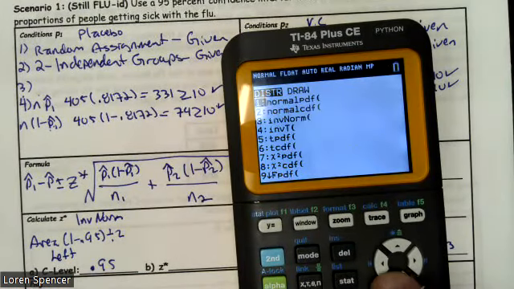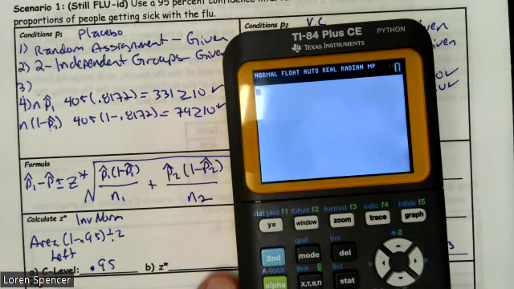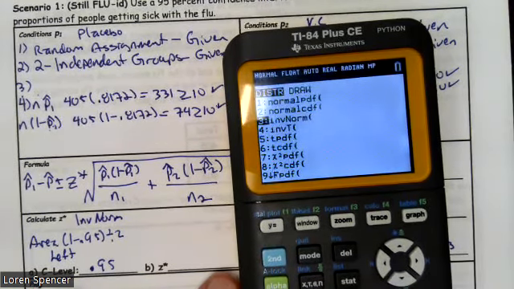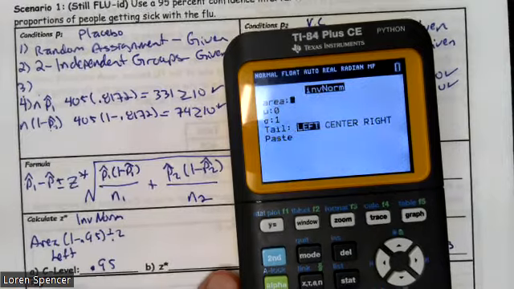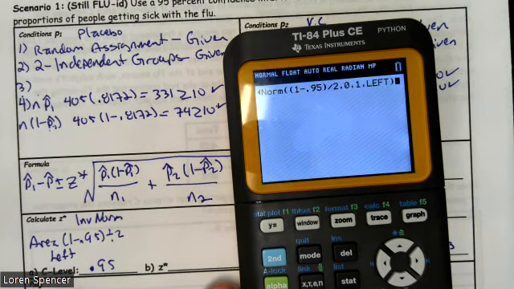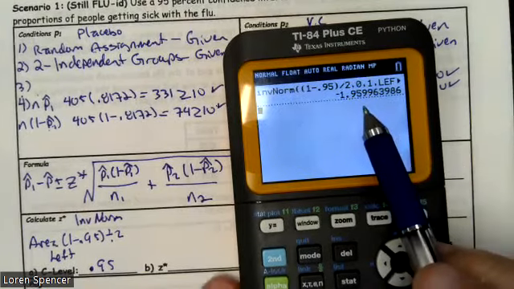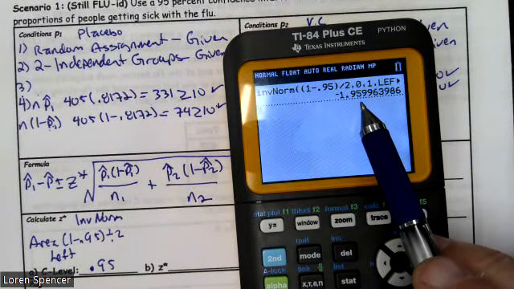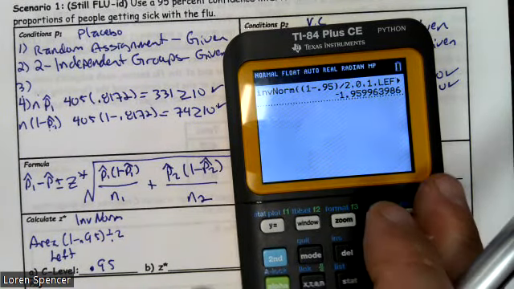So second vars, inverse norm, 1 minus 0.95, close the parenthesis, divide by 2, mean is 0, standard deviation 1, we have left. And we're going to get a negative number, but we're positive people, so we're going to make it positive. So 1.9599.